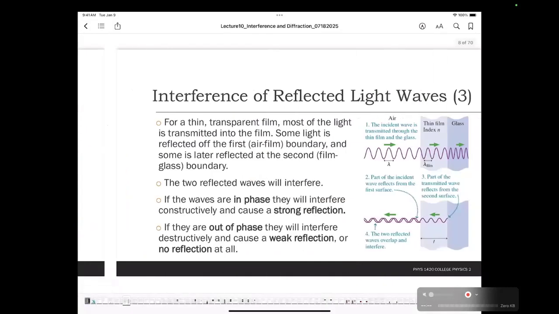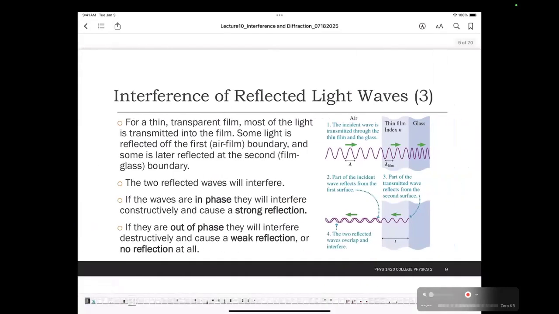Okay, let's continue. For a thin, transparent film, most of the light is transmitted into the film. Some light is reflected off the first boundary. You can see here is a thin film, there is glass, and this is air.